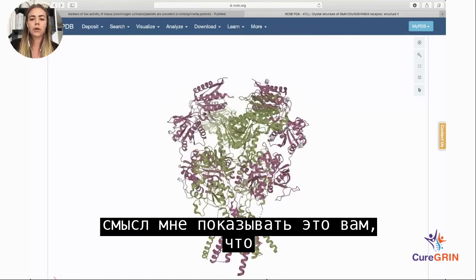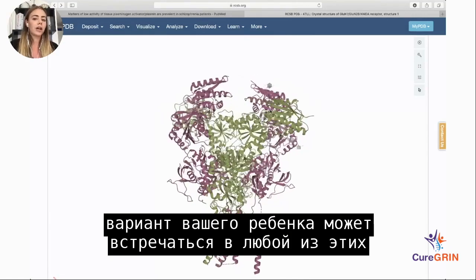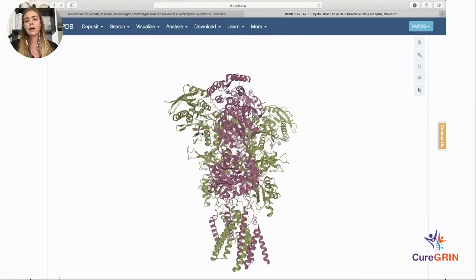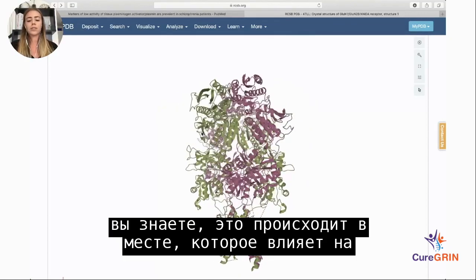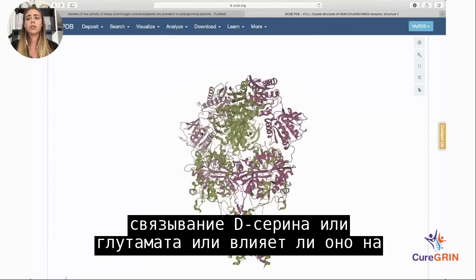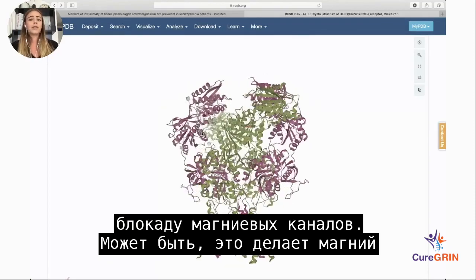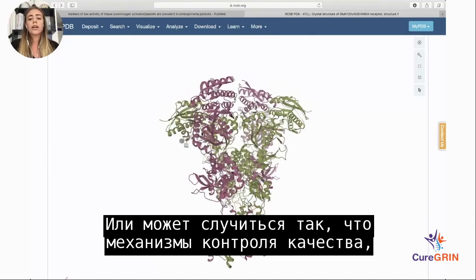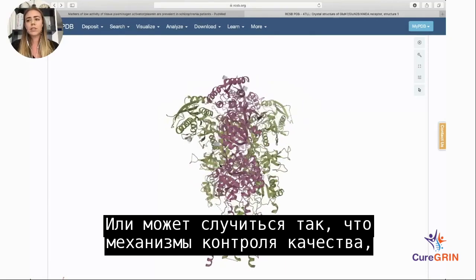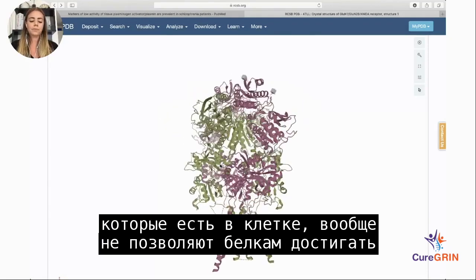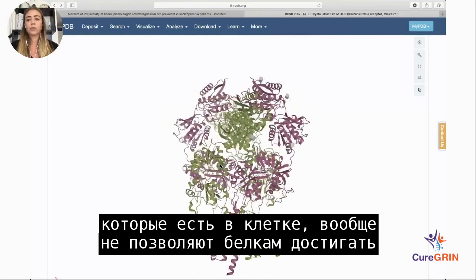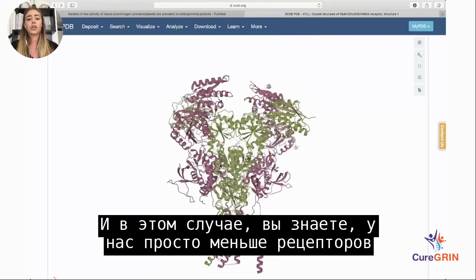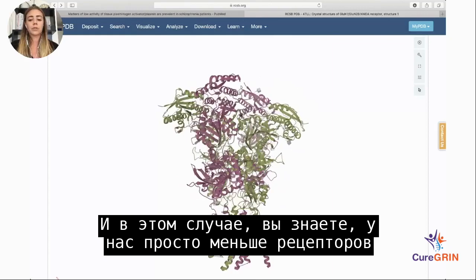The point of showing that to you is that your child's variant can occur in any one of these amino acids, and we don't know whether it's occurring in a place that's affecting the binding of D-serine or glutamate, or whether it's affecting the magnesium channel blockade. Maybe it's making the magnesium stickier or less sticky, or it may be that the quality control mechanisms that a cell has are stopping the proteins from reaching the cell membrane at all. And in that case, we're simply having fewer NMDA receptors, period.